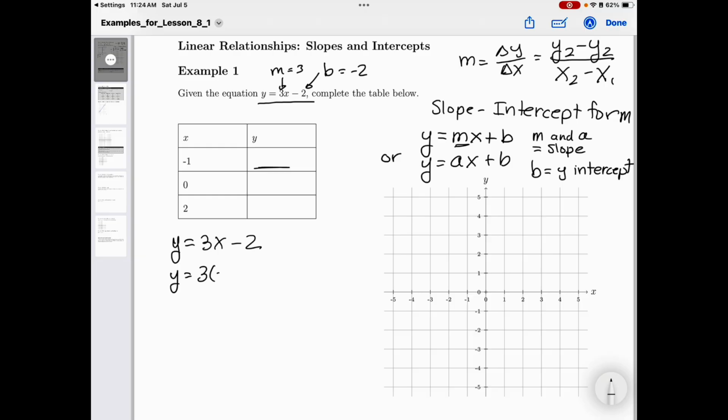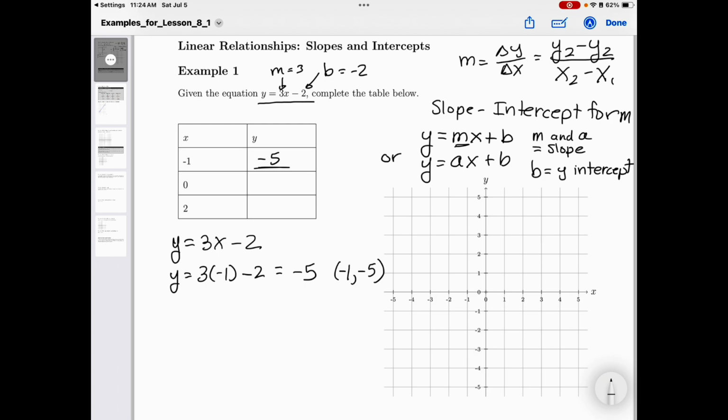So I have 3 times -1 minus 2. That's going to give us a -5. Right? Because 3 times -1 is a -3. And then I subtract 2, and that gives me a -5. So this tells me when x is -1, y is -5. And you would write the ordered pair like this.